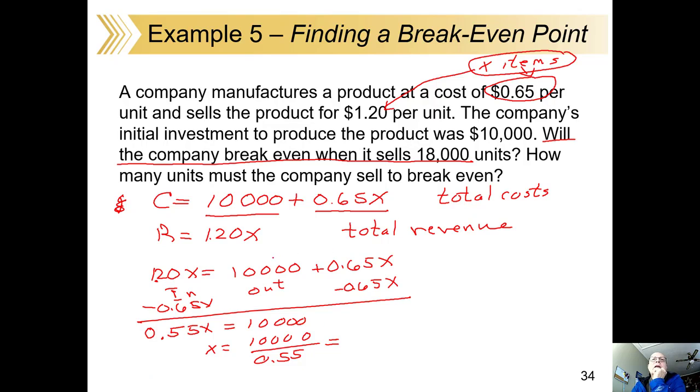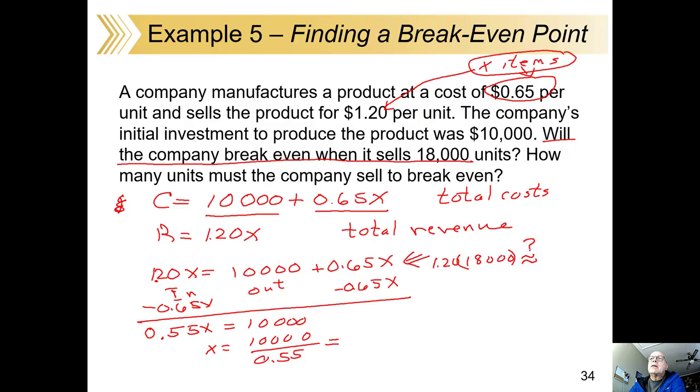Okay, so here's my equation. We're going to see what happens when I've got 18,000 units. So I'm going to take that equation and put 18,000 in where the x is. So $1.20 for each item I sell, and we're assuming we sell 18,000 units.